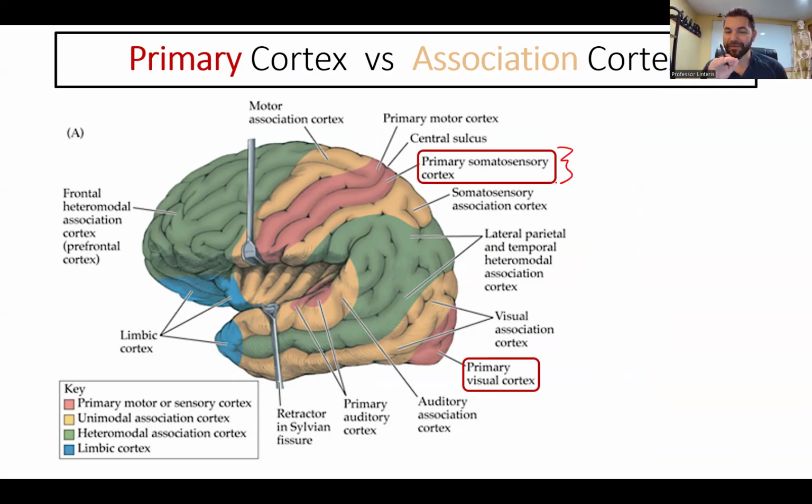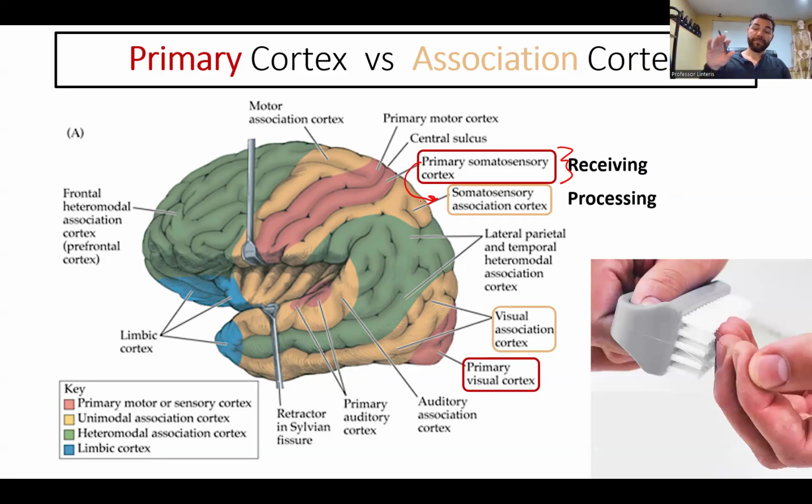We can see here that there is a primary somatosensory cortex. This is the main area where information will be sent to interpret various stimuli. But there are also association areas. What's in communication with the primary will always be a kind of association area, if you will, right?